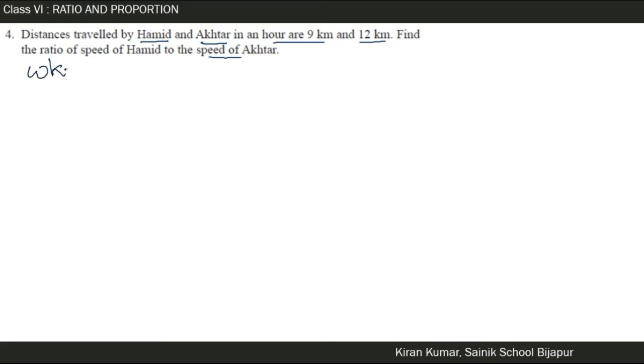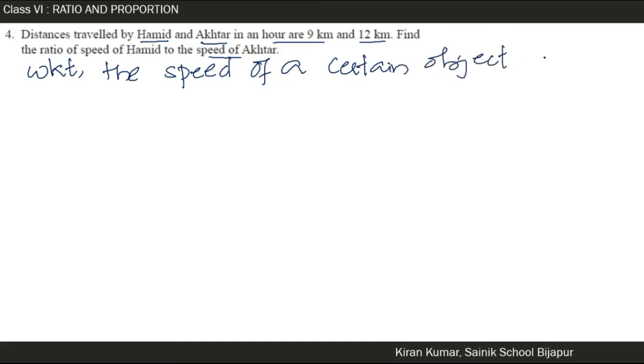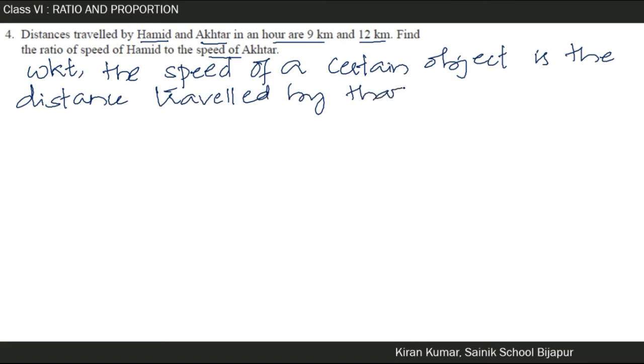So we know that the speed of a certain object is the distance traveled by that object in an hour. So distance upon the time taken is called speed.